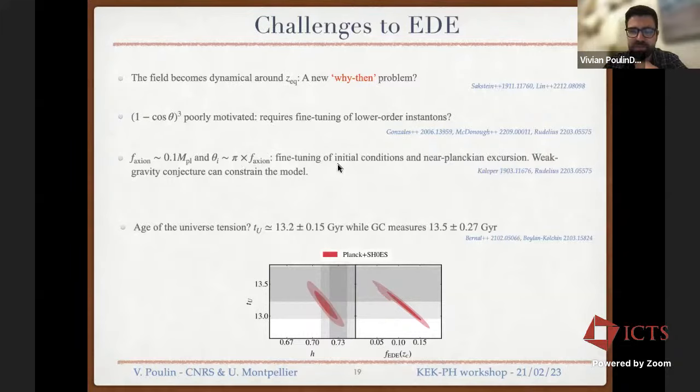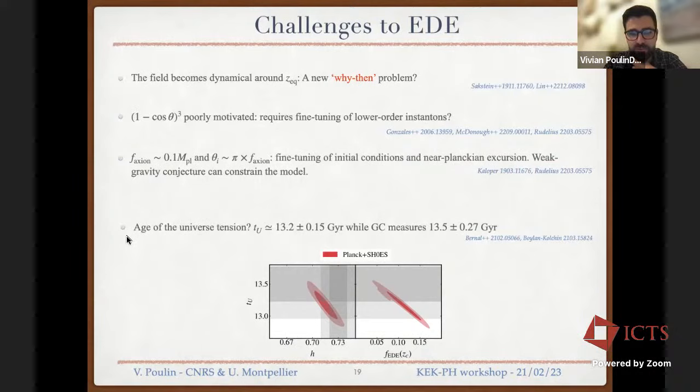So it means you have some sort of fine-tuning of initial conditions and near-Planckian field excursion. And so people have invoked some constraints from the weak gravity conjecture potentially on this model. I think these are all very interesting constraints if this axion-like model is being taken seriously. But of course, people are also motivated to look at different potentials.